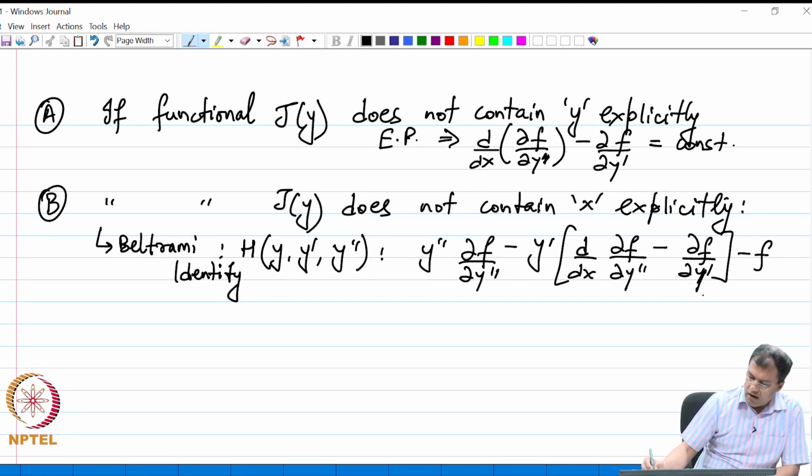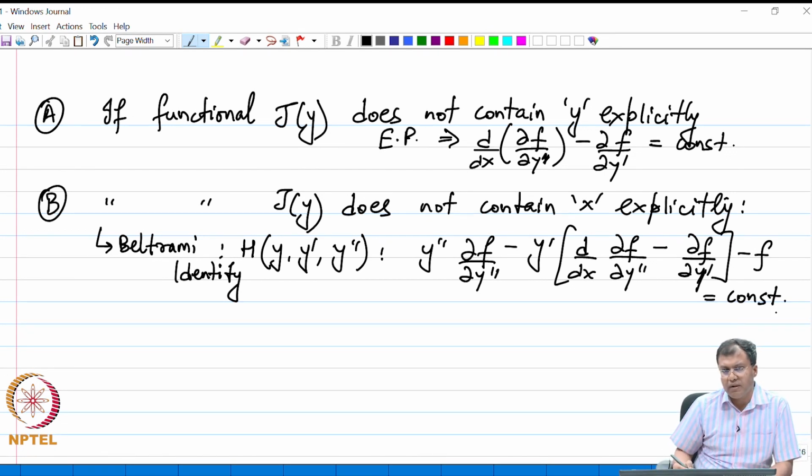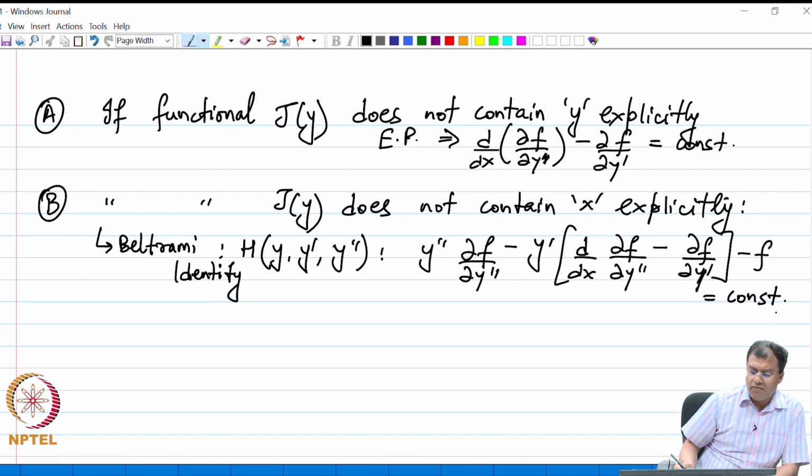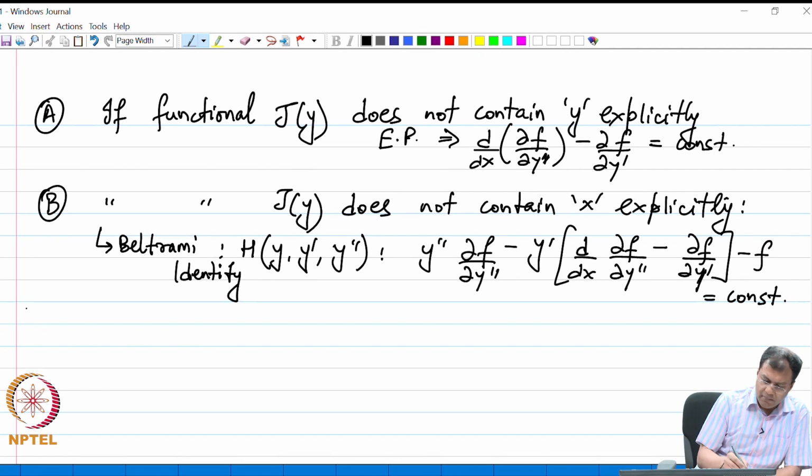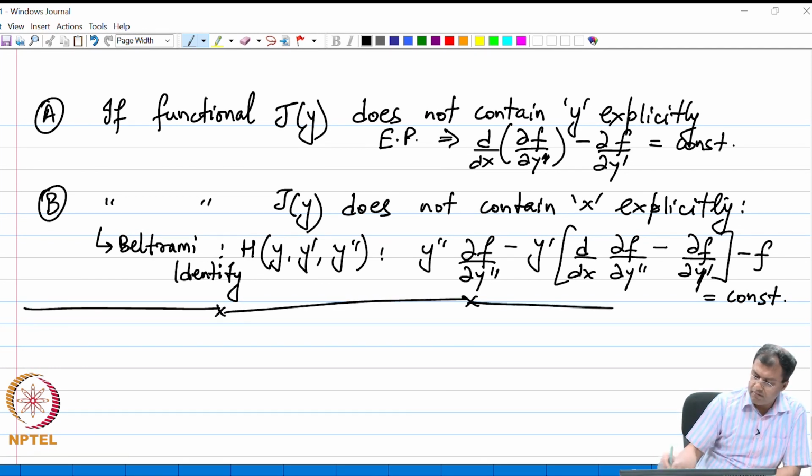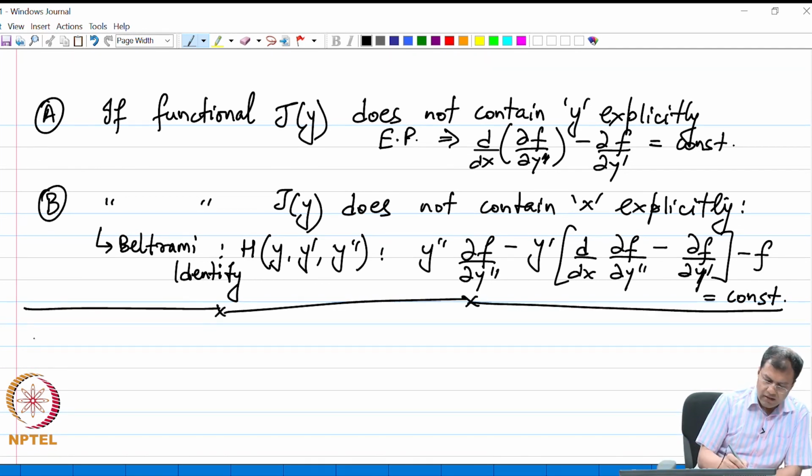Okay, so this is all set equal to a constant. So that is my generalized Beltrami identity that we solve instead in this special case. Again, this is a reduced order Euler-Poisson equation. Okay. So, let us look at another example in this discussion.